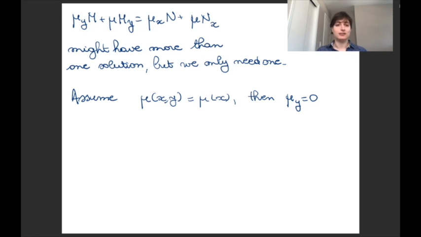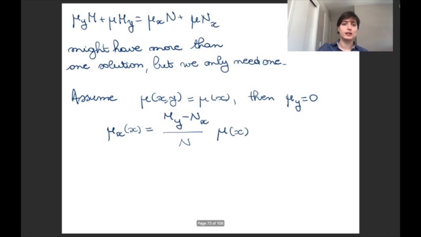Well, we can assume that mu only depends on x. So the derivative with respect to y of mu is equal to 0. Then we come back to an ODE actually. The derivative with respect to x of mu, that now only depends on one variable, is equal to m y minus n x, all divided by n, times mu of x.